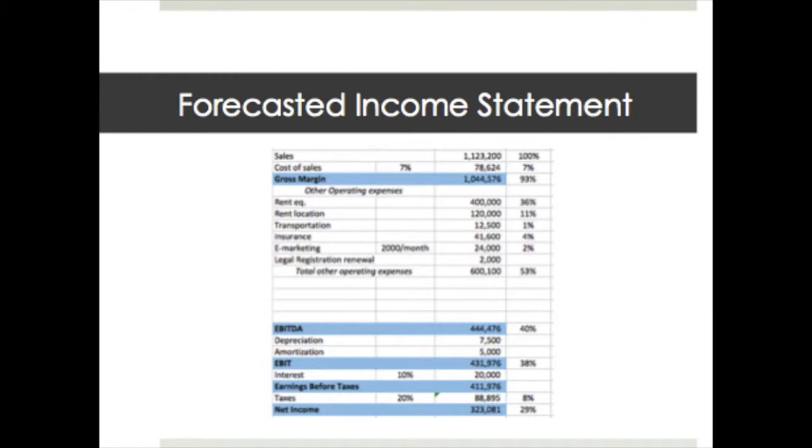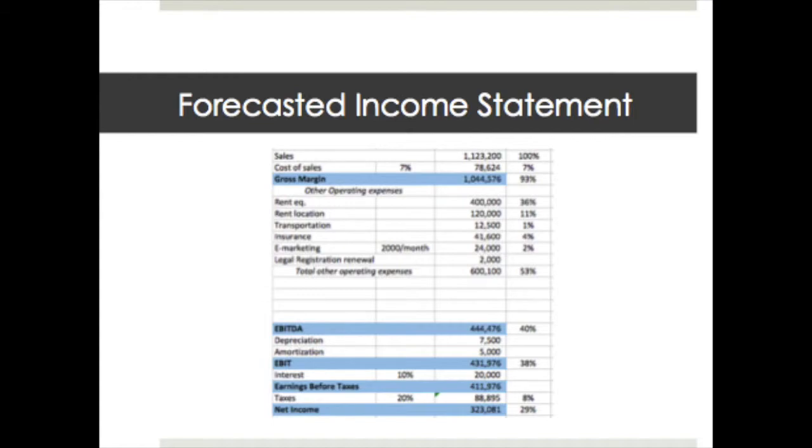Our EBITDA, earnings before interest, taxes, depreciation, and amortization, was 444,000. Then we subtracted the depreciation and the amortization, which is 12,500. We got our EBIT of 431,000.